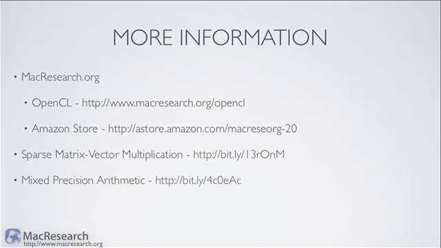It's one of the things I referenced when I was optimizing some of our matrix vector kernels. Really good stuff, very approachable. They've done a spectacular job with that. And then also the other presentation online on mixed precision arithmetic. I encourage you to check those two things out. I think they're both very interesting and worthwhile reading.